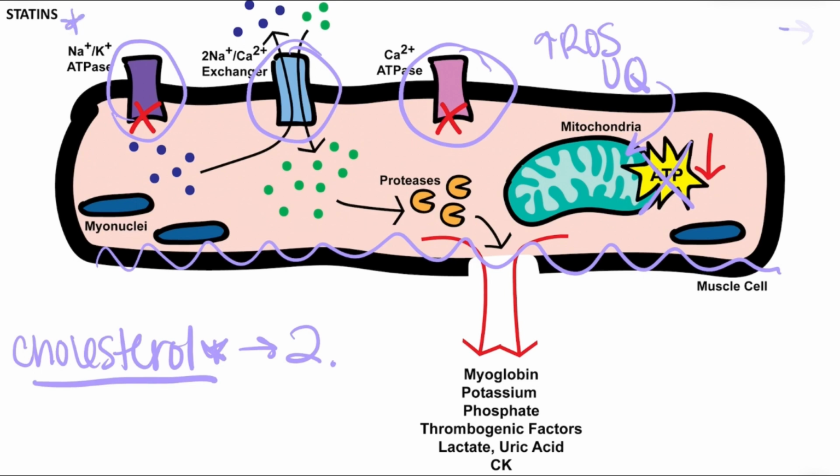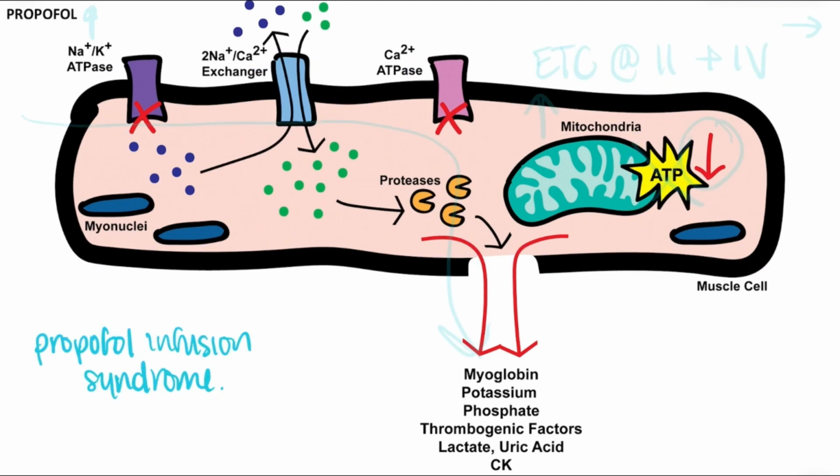So moving on to our fourth agent we're going to talk about today. Next slide. So the next agent we will talk about is propofol, which is used for the initiation and maintenance of general anesthesia, sedation for mechanically ventilated patients, and procedural sedation. Propofol at very high doses for a prolonged period of time can lead to propofol infusion syndrome, which is often fatal, and one of the primary clinical features is rhabdo.